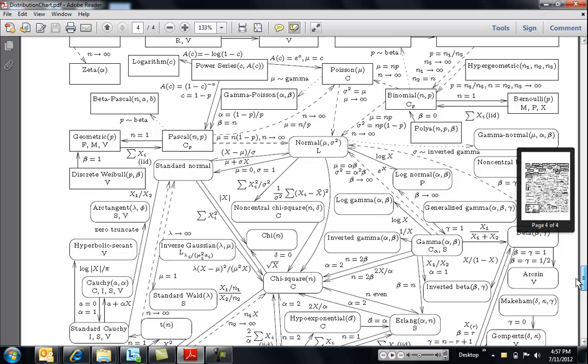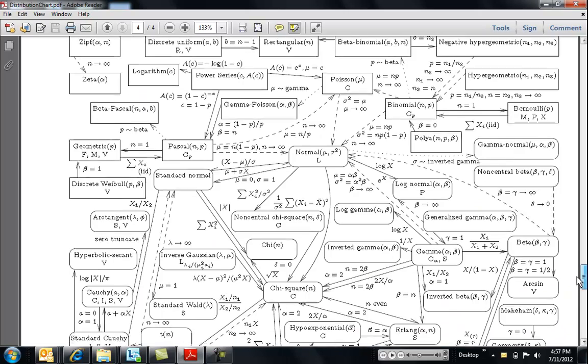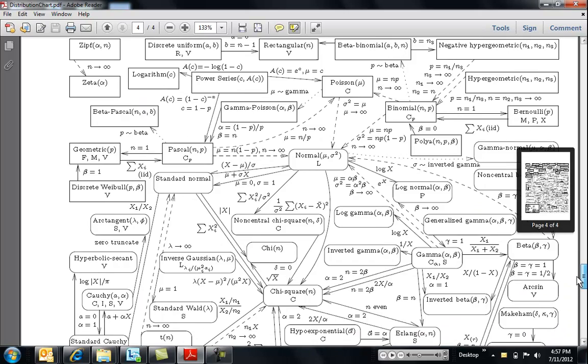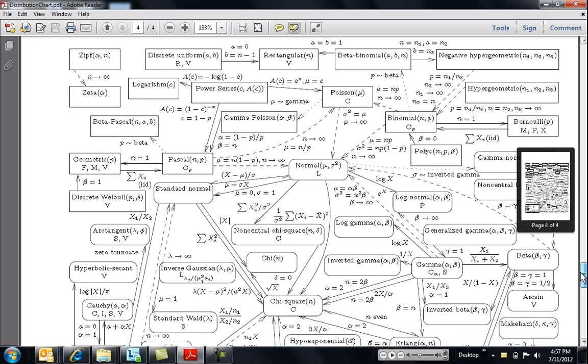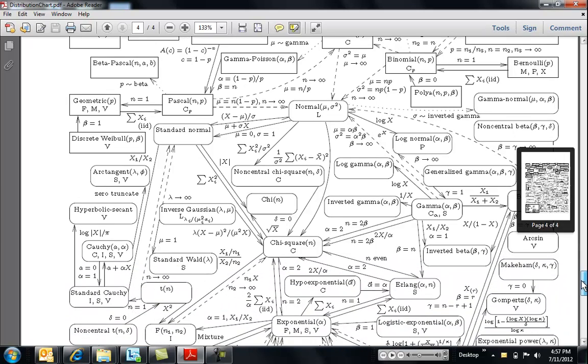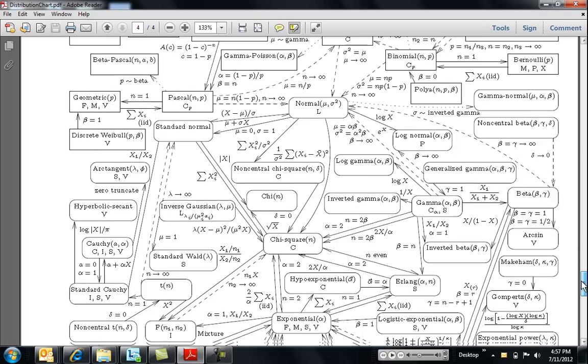I thought toward the top is more your continuous, and there's your hypergeometric up there. Oh, that's a negative hypergeometric. Poisson, binomial. Binomial goes to Poisson, right? You've already seen how binomial and Poisson are related. Why is the geometric not around here? I don't know, but whenever you find it, it should have a connection to the negative binomial. I really don't see it.